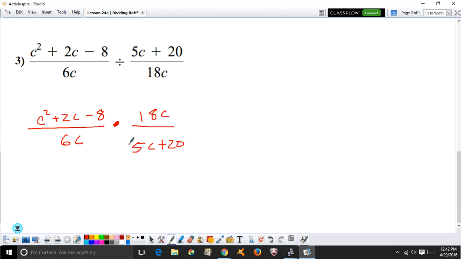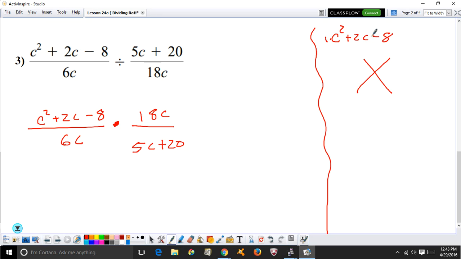Now that we have this, can I factor anything out? Let's do the factoring here on the side. Let's look at the expression c squared plus 2c minus 8. Can I factor this out? Three terms, highest exponent 2, leading coefficient is 1. So I can do the x method. The number that goes on top, 1 times negative 8, so that's negative 8. 2 on the bottom.